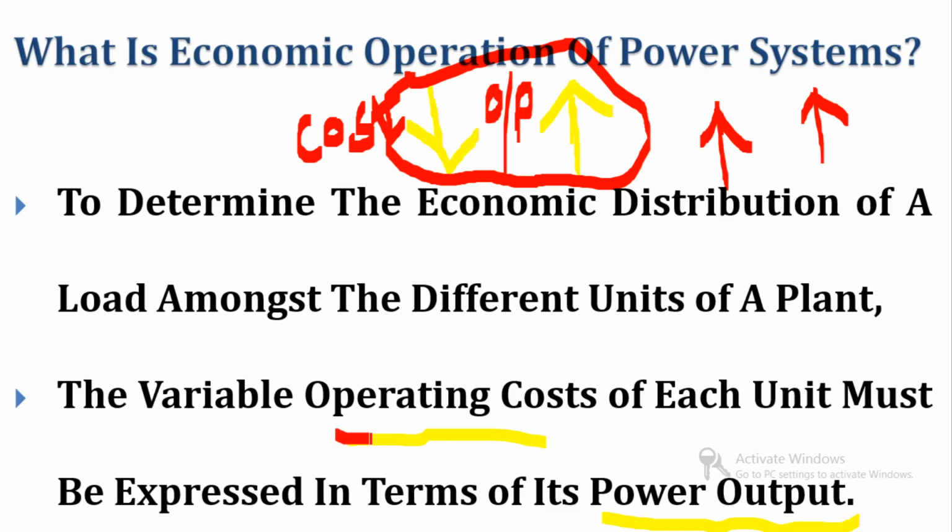So we are directly comparing the operating cost with output. At low cost, if we get high output, then we can say that this particular power system is operating economically.